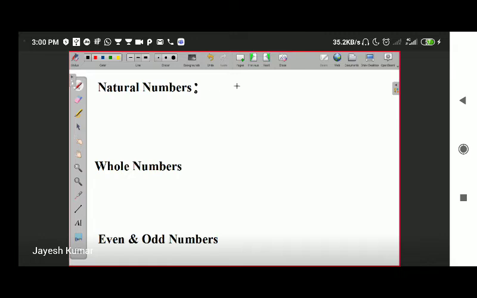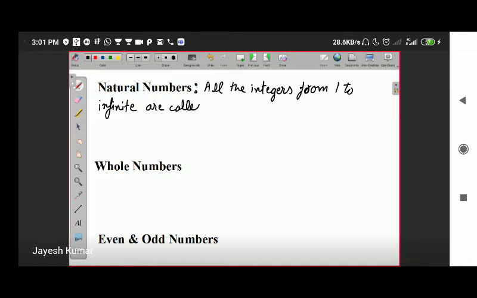For the definition of natural number, we write it as all the integers from 1 to infinite are called natural numbers.